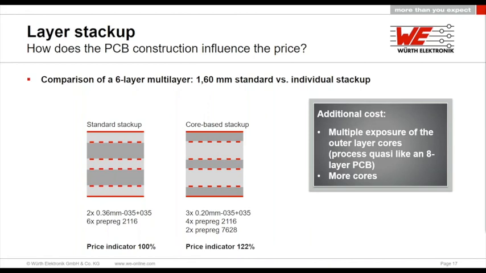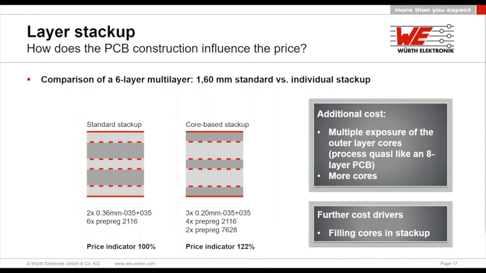So we do a twice exposure of these top and bottom layers. First, we secure it completely. Then we do the drilling, plating, and so on. And then we do the final exposure and structuring of the outer layers. So it's comparable to an 8-layer process, and this additional price needs to be paid. In that case, it is 22% for this stack-up, based on my calculation.